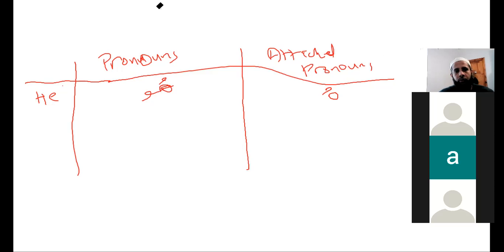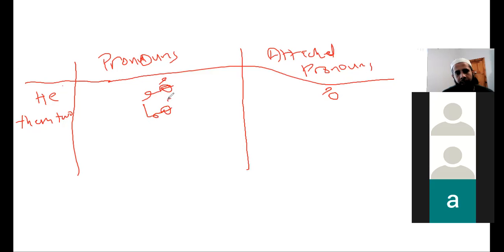So for huwa, we have hu. For them two, what do we have? Normal pronouns, them two. Huma. Is this masculine or feminine? Huma is both masculine and feminine. Yes.